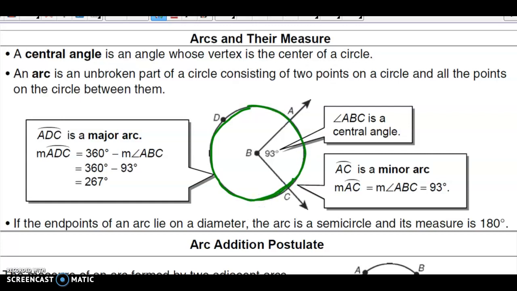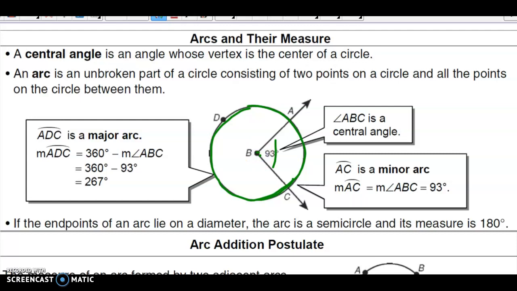This is the center point B, right here. So if there's an angle whose vertex is the center of the circle, then we call this angle the central angle. As long as the vertex is the center.